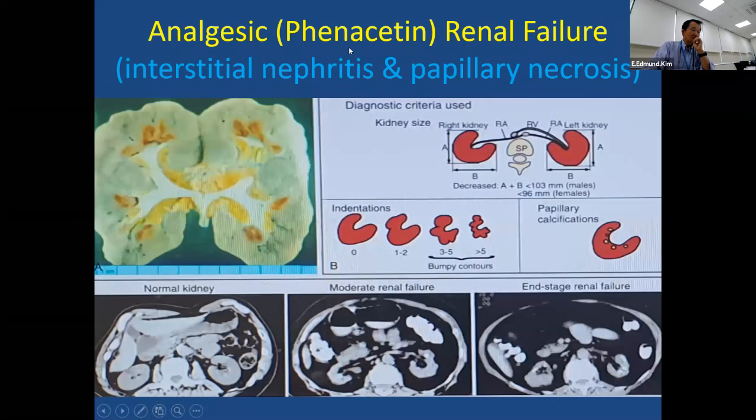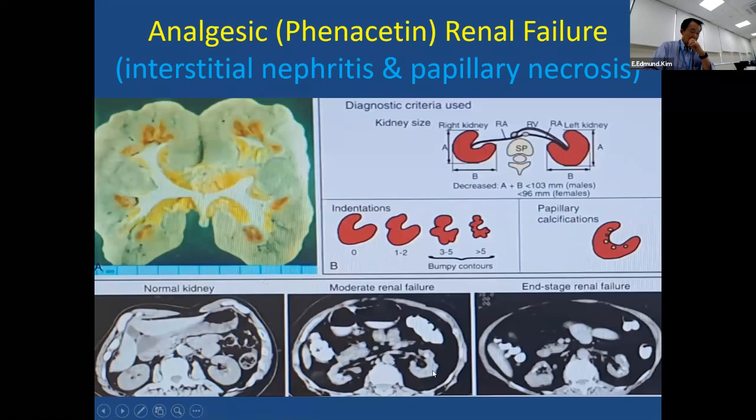This kind of drug causes analgesic renal failure, increasing papillary necrosis, interstitial nephritis, all these things. It's well known. And you can see a normal kidney on CT shows a very good outline, smooth, with a thick cortex.